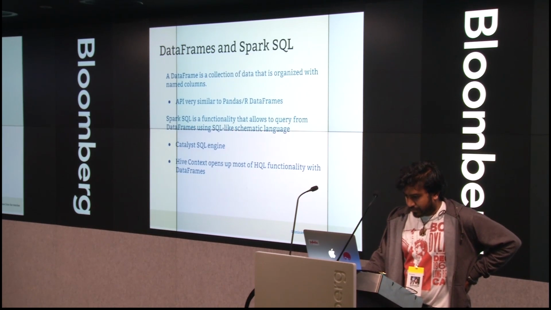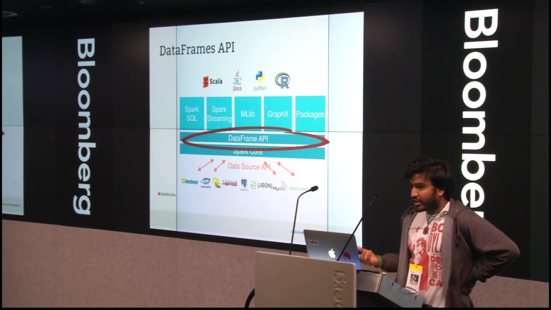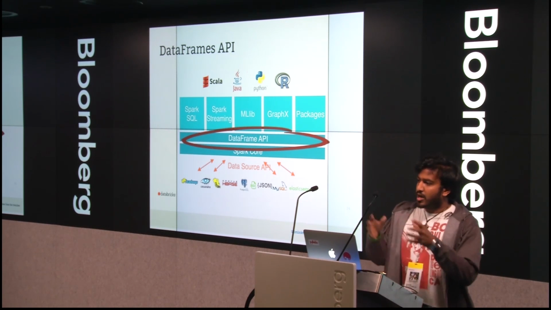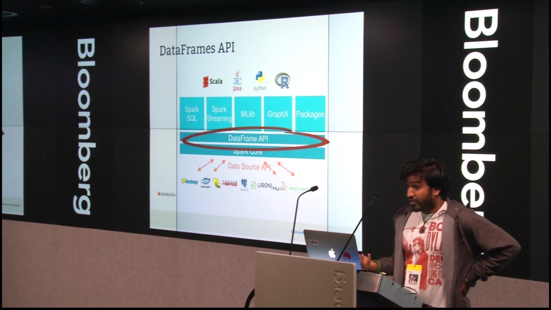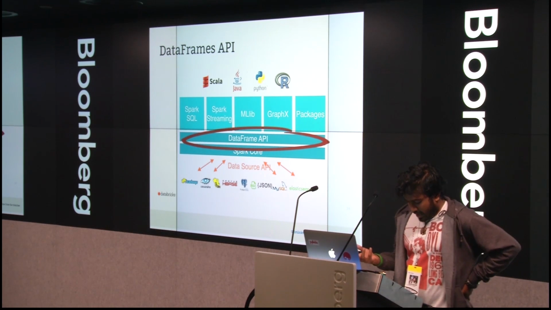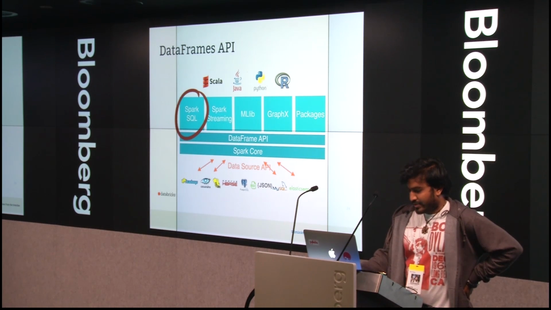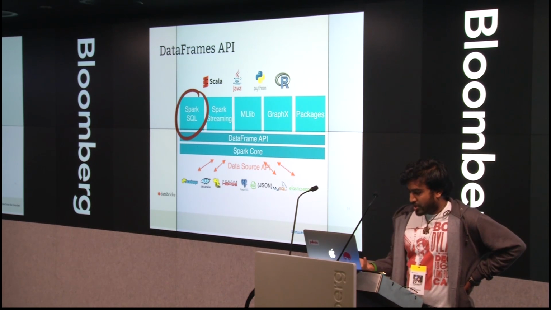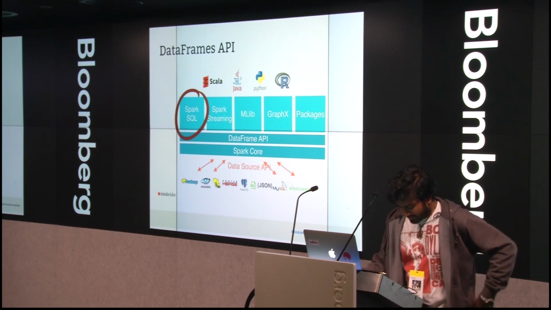So what's a data frame? The definition of a data frame is a collection of data with named columns. The collection of data part is the same as the RDD concept, but in addition to that, a data frame has column names. And what is Spark SQL? It's a SQL-like language which can be used to query big data from RDDs, like data frames.